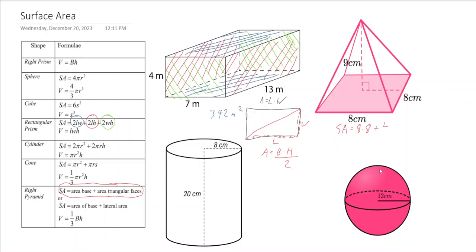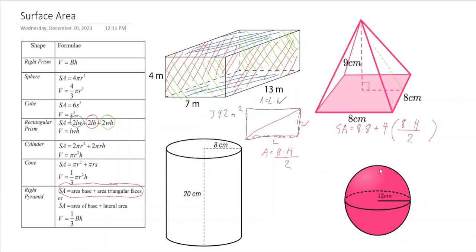Now there are 4 faces, but we can't really figure out what this base times height divided by 2 is. We can find out the base is 8 of any given triangle, but we don't know the actual height. We know the height of the pyramid, not the height of the triangle. So keep in mind this little fact.